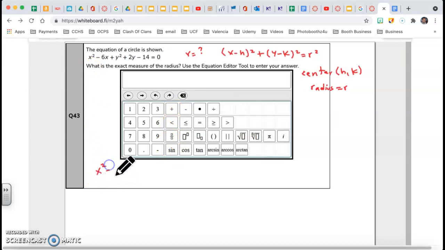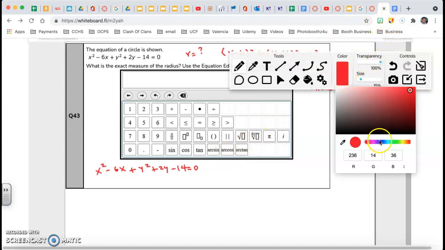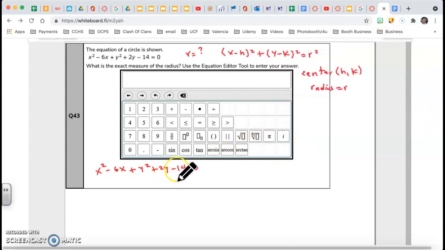So x squared minus 6x plus y squared plus 2y minus 14 equals 0. My first step is to move any constants to the other side. So what is the constant? This 14. I'm going to bring that 14 to the other side. I have x squared minus 6x, and I'm going to put a blank right there.